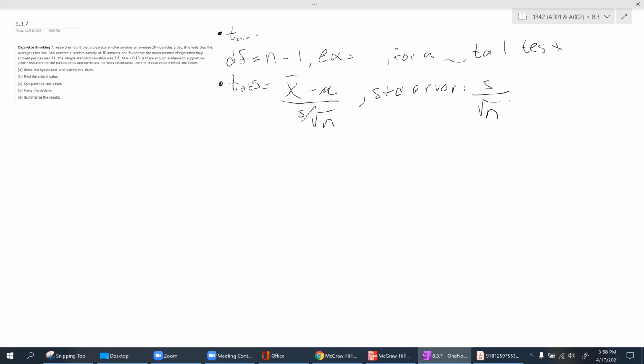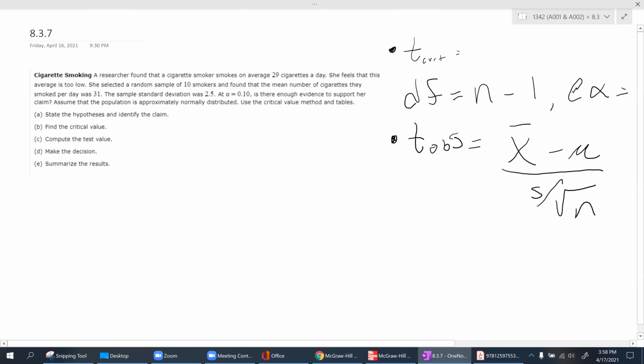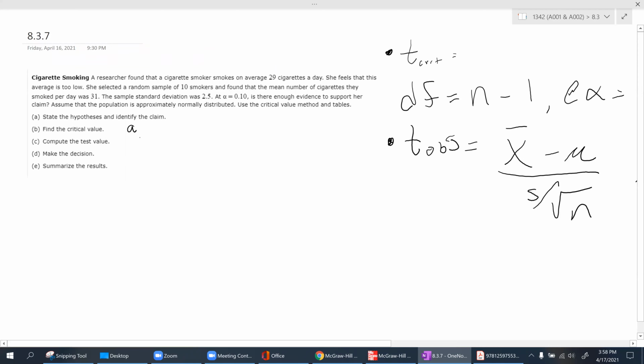Reading the question, I need to determine my alternate hypothesis. Let's do part A. We found that cigarette smokers smoke on average 29 cigarettes a day.